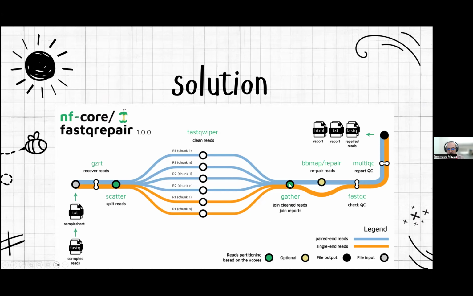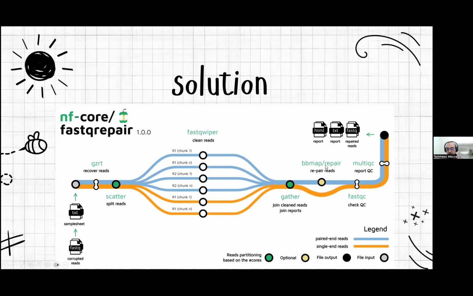So if you do a scatter, you need to do a gather. And just to say that GZRT is not optional, at least as it has been represented, but GZRT can work, of course, only with the gzipped file. So if you provide your FASTQ file that is not gzipped, because you don't want to recover by means of GZRT but you want to clean it by means of FASTQ Wiper, this step is automatically skipped.